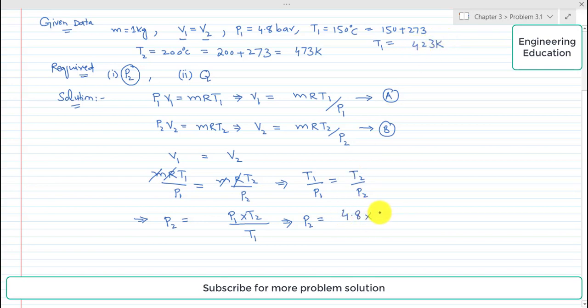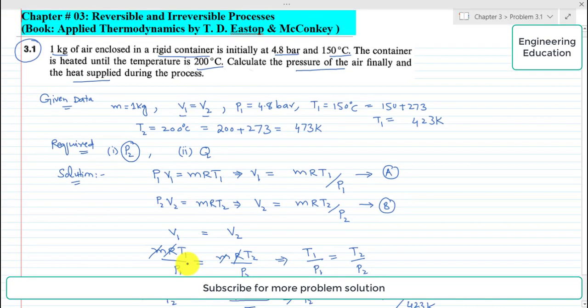So the value of T2 is calculated, that is 473 Kelvin, and T1 is 423 Kelvin. So simplifying this, we will get the value of P2 and it comes out 5.37 bar.